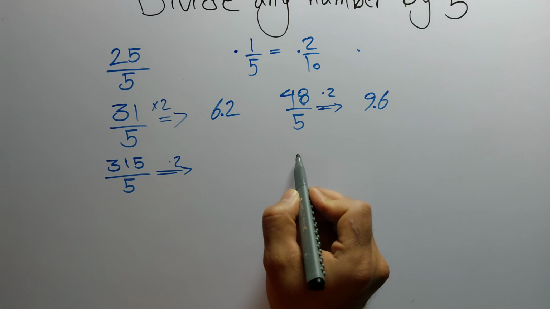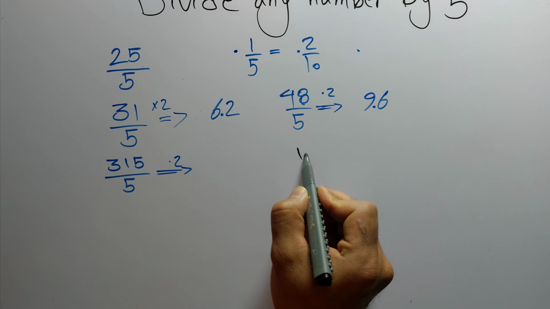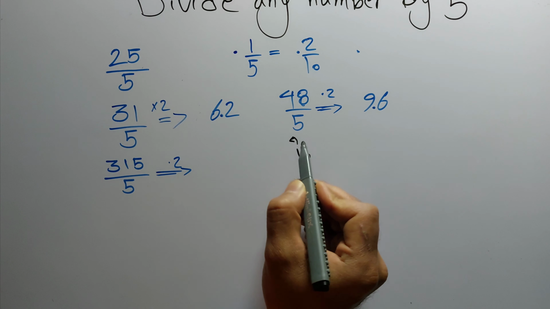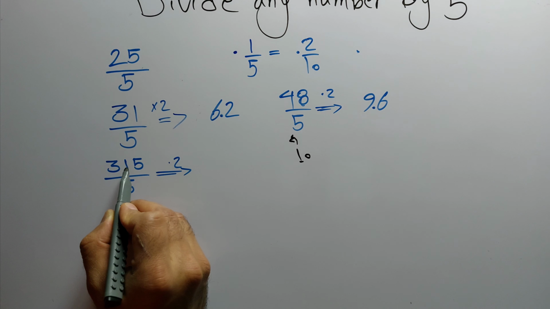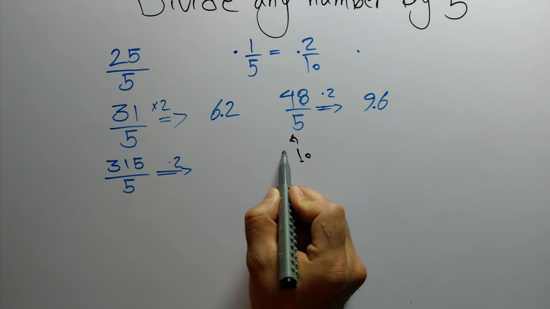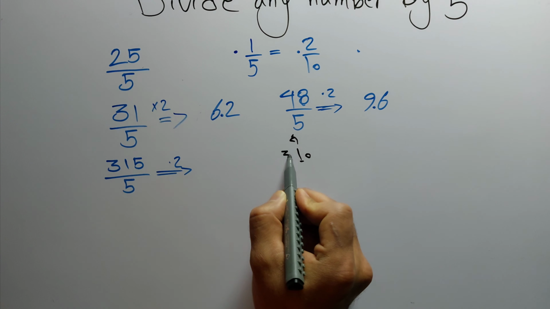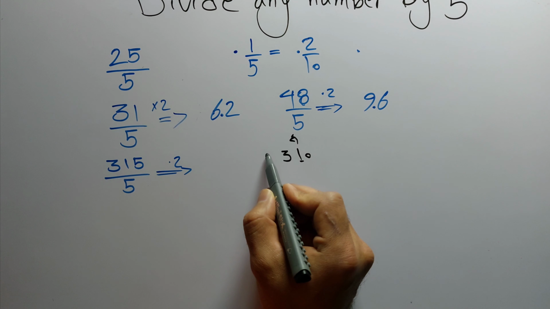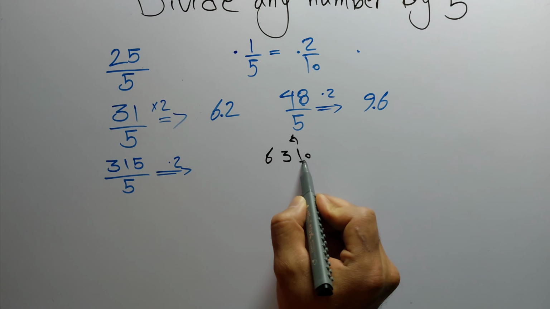So 5 times 2, it's just 10, but we're going to add this 1 to the next operation. So 2 times 1 is 2, plus 1 is 3. 2 times 3, it's just 6. So pay attention to this one.